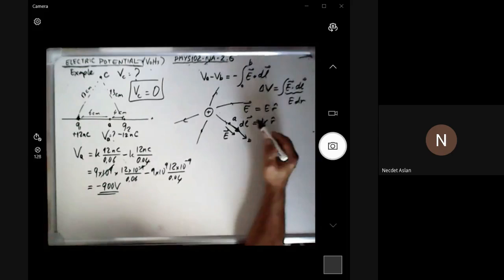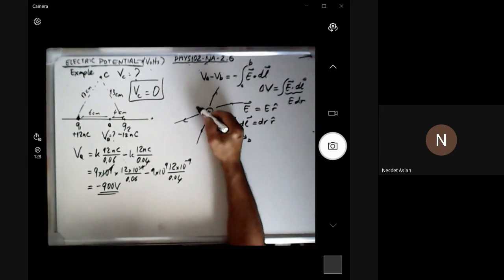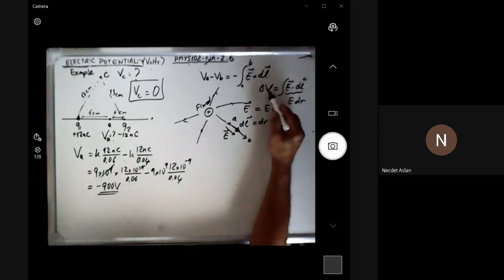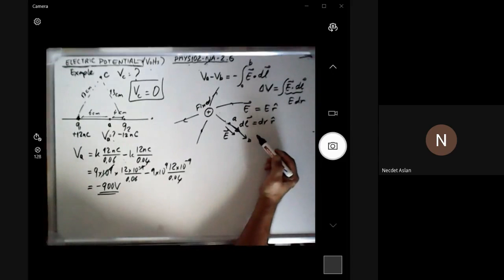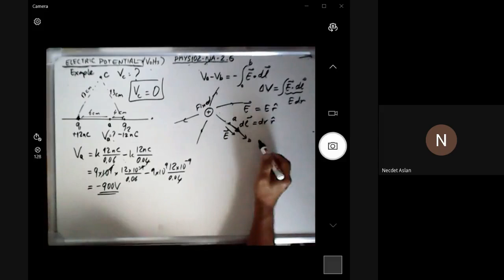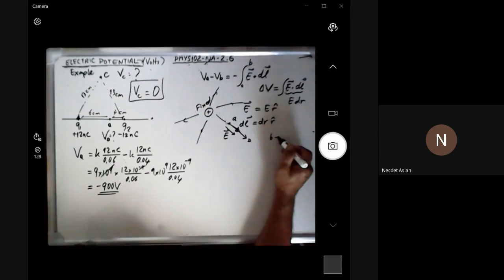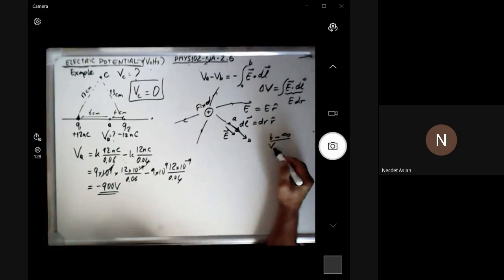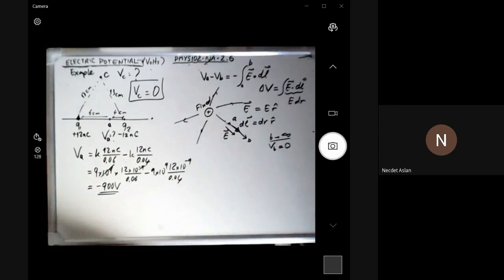Now, if we know the electric field due to this test charge, which is fixed, by the way, then we can just integrate to get the potential. Assume that B is at infinity, so B is so far away. In this case, we expect the potential to be zero infinitely far away from the charge.